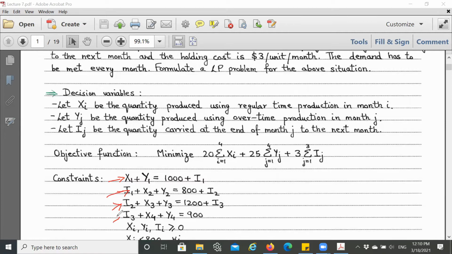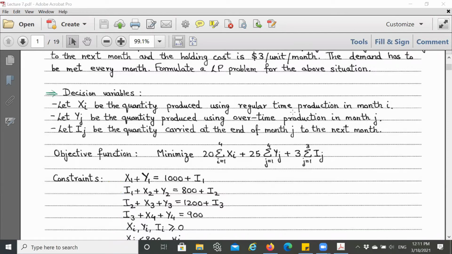And for the fourth month, you see that we have what is remaining from the third month plus X4 and Y4 is equal to 900. There is no I4 over here. Obviously, the X's, Y's, and the I's are all numbers of products, so they cannot be negative. So you have this default constraint, which is greater than or equal to 0.